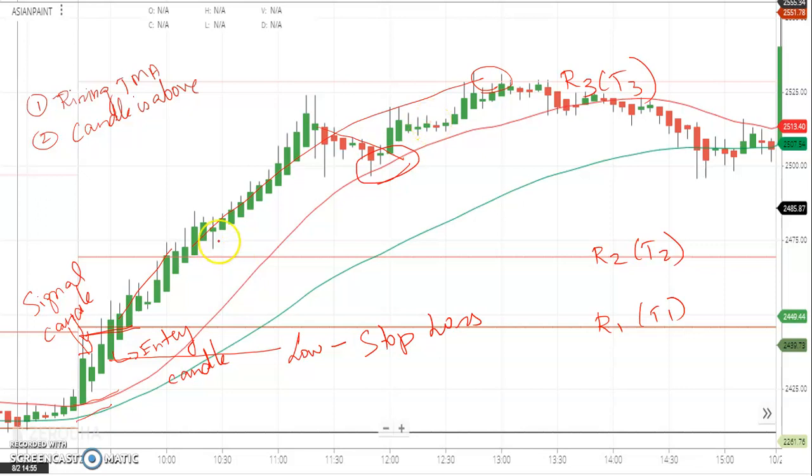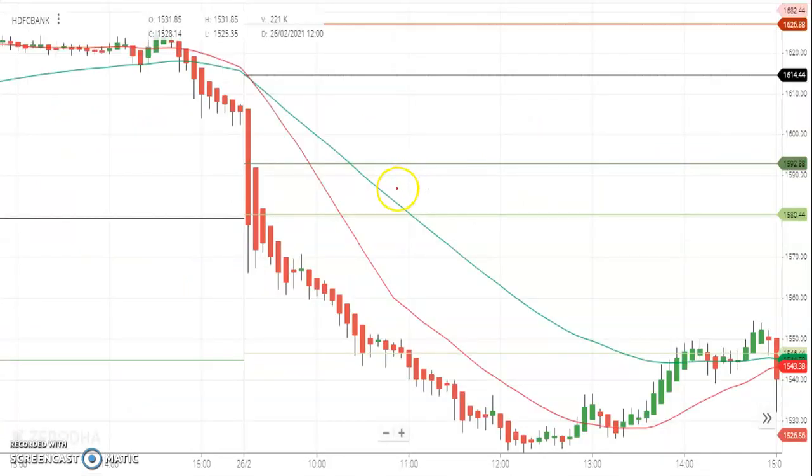That's the reason. So either wait for the price to reach resistance 3 or exit when the price takes a retracement near the moving average. That is for the rising TMA.